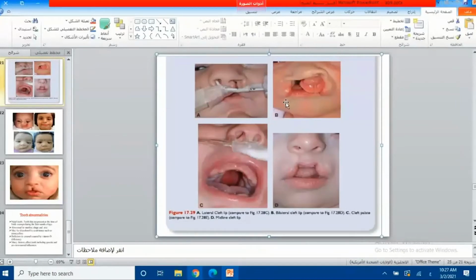Is it unilateral or bilateral? Bilateral. Cleft of what? Cleft of upper lip and maybe nose. And what else? Maybe jaw, okay, because it's somehow extended. Okay, thank you very much. Exactly. Thank you.